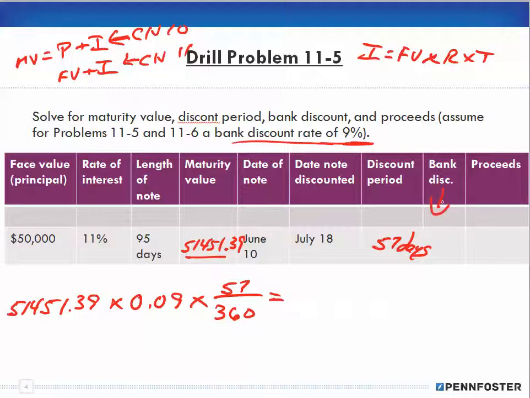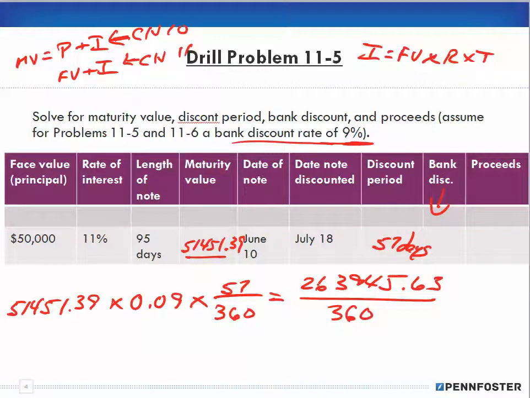So we have to do the math. 51,451.39 times 0.09 times 57 gives me 263,945.63 all over 360.